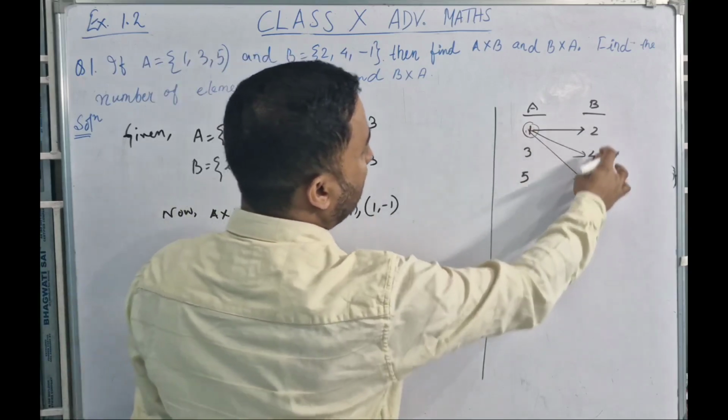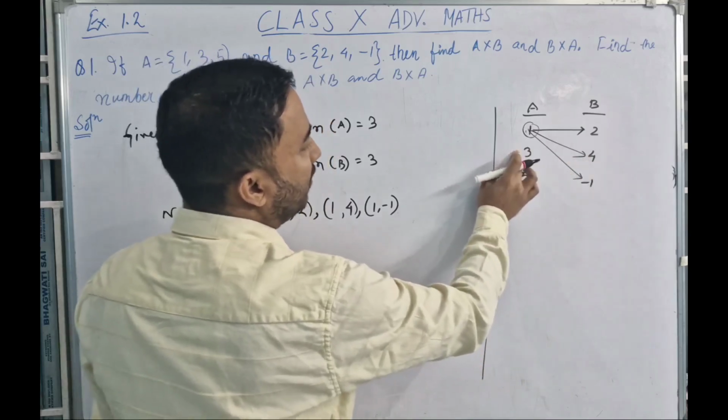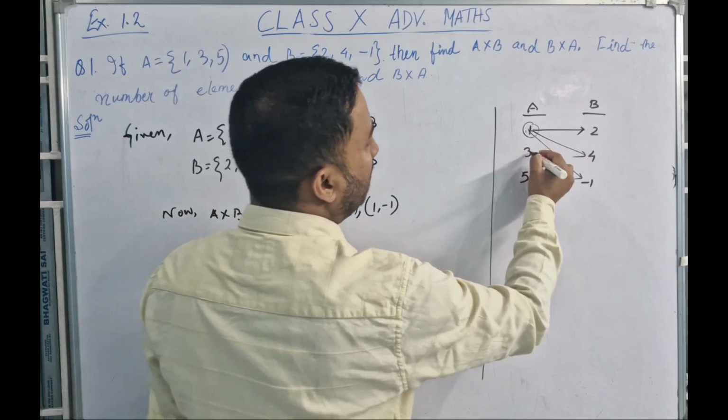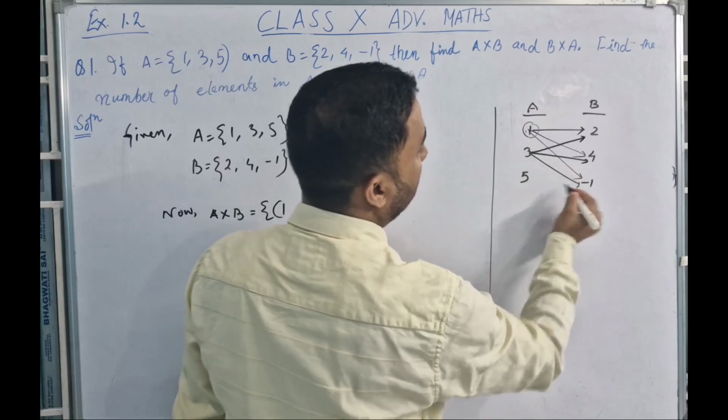After 1, since we have completed all the elements in the set B, we come to the second element 3. For 3 also we will be getting 3 ordered pairs: (3, 2), then (3, 4) and (3, minus 1).